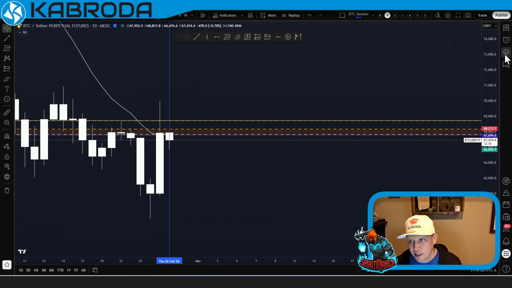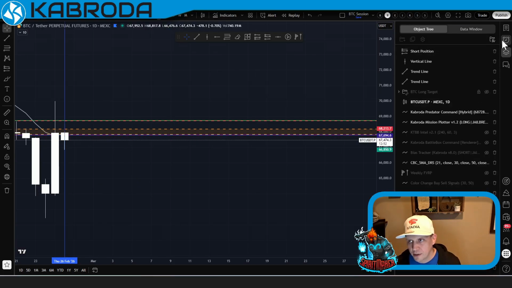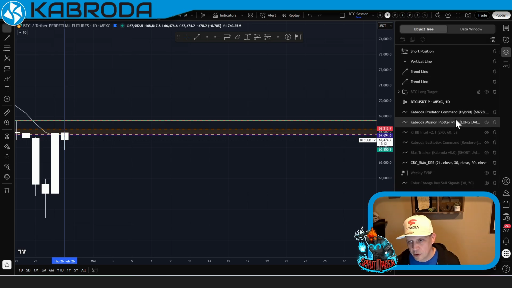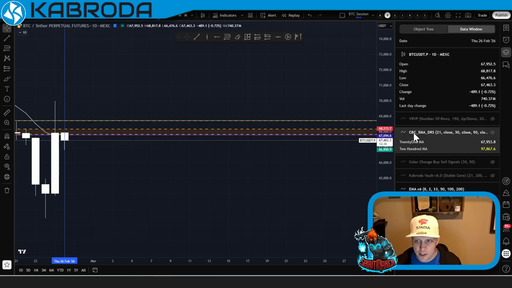So you might be like, well, I can't see it. Everything's in the way. Yeah, that's a valid point. So let's go over here and take a look at the object tree. It's the little third icon down on the right-hand side menu. I like to use my object tree to go into different things on the chart. But let's go into the data window, and you go down, and if you have your 21s on here, it's going to be somewhere over here for you.